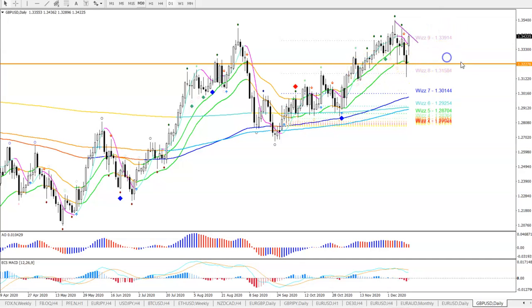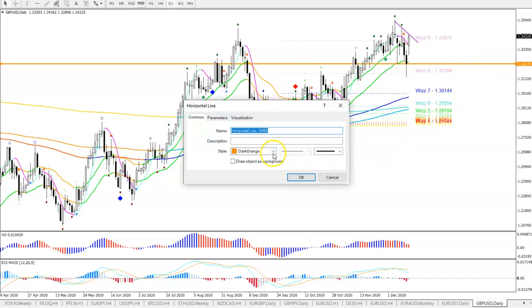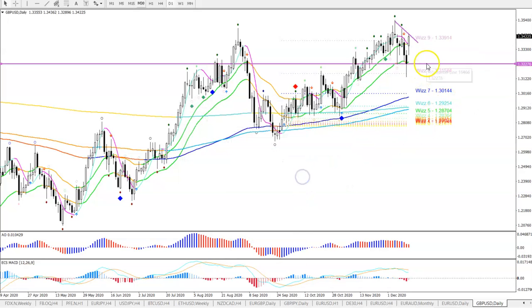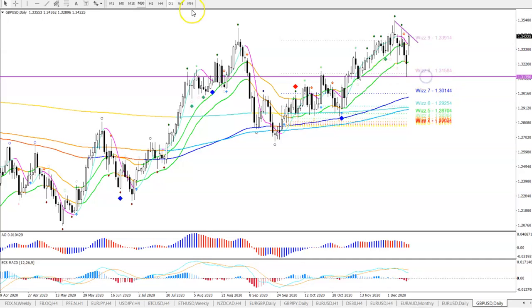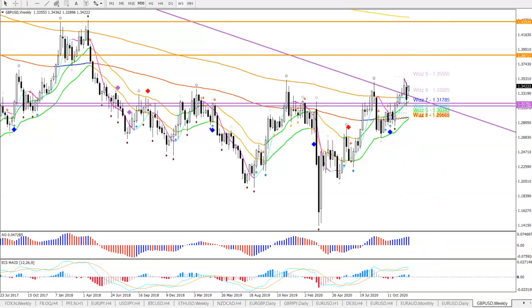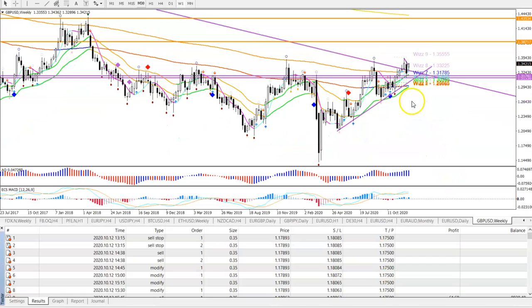If price, for whatever reason, breaks through basically the support zone here at 131.40 and 75, then it looks like the uptrend is over, and I suspect that we're going to get a bigger retracement. And in that case, we might be looking at a break below this trend line, and we might be looking at the end of a wave 5 here and of the A itself, and we could be looking at an ABC down.